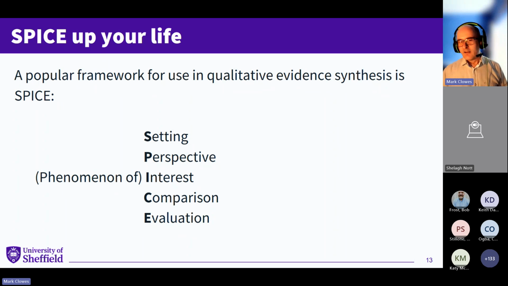And again, these elements, they're not compulsory, they're really prompts to make you think about the different facets that would need to be present in an article for you to want to retrieve it. It might not be that they all need to be identified through the search. Some of them might be identified at the screening stage. Some of them might not be relevant at all, but they do make you think about your topic in a way that I think is useful.